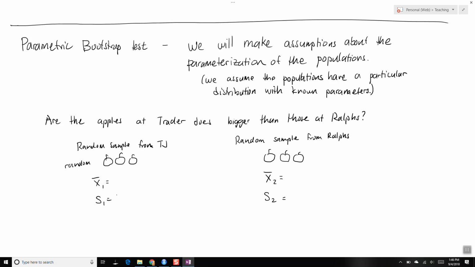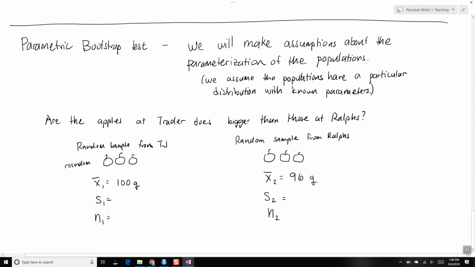Okay, so we will say the average size is 100 grams. That's like too nice. And then we'll go over to Ralph's and say Ralph's is 96 grams. This is our random sample, right? And then we have a standard deviation, and we need a sample size.